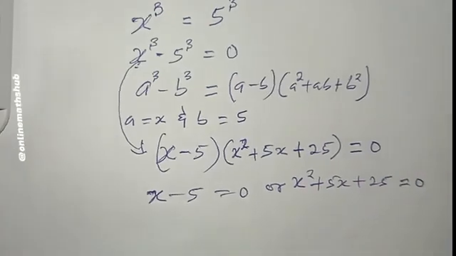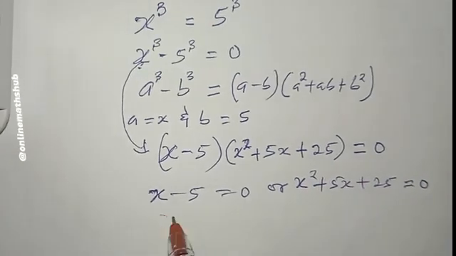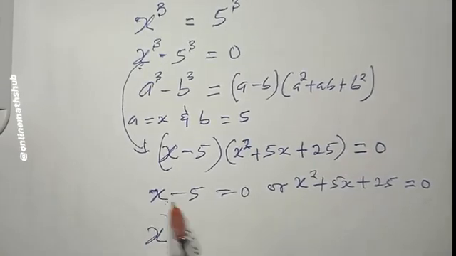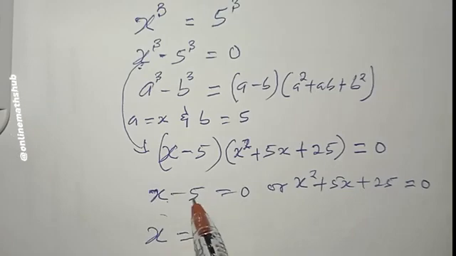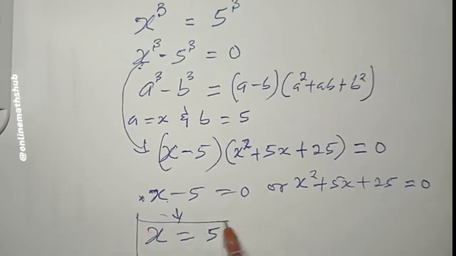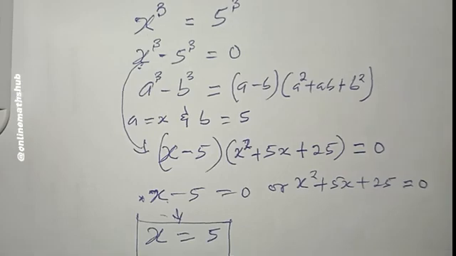If we solve this first case right here, you're going to see that x is equal to 5. So from here we are getting that our x is equal to 5, which is the first solution to this equation we are solving.